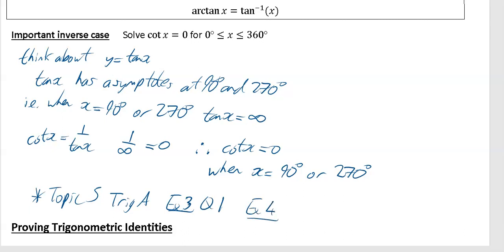So exercise 4 sort of talks about the inverse trig, but also go back to an example we did way earlier on, where we had if cos x is equal to 7 over 25 and so on. So it just starts off a wee bit differently, but you have got enough information now between what we just talked about, the inverse thing, and also this. So I'll just do a wee quick example in a minute about that. But to watch on with the video, if you want to see that, if you're good to go, that's fine.